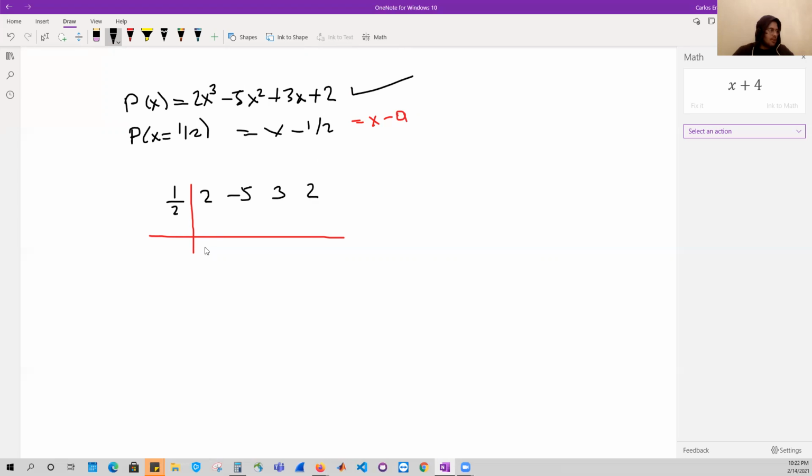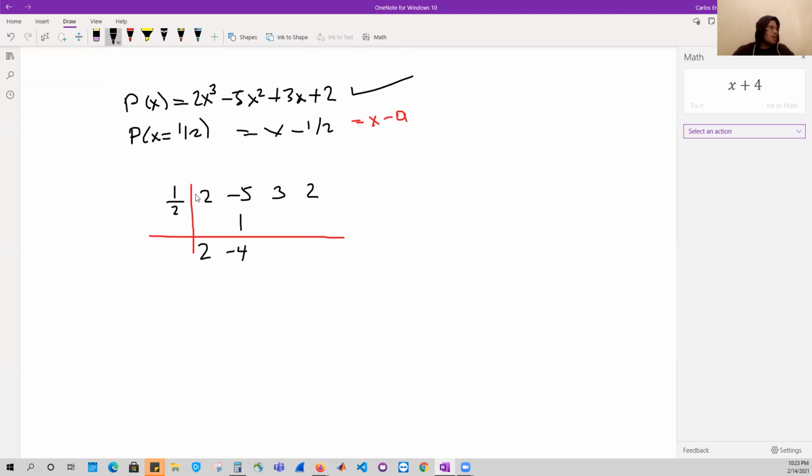So the first value goes down. Afterwards, we multiply. 1/2 times 2 is equal to 1, right? And then we add the next coefficient and the multiplication that we just did. So -5 plus 1 is equal to -4. Now we repeat this process until we get to the last value, and that is going to be our remainder.